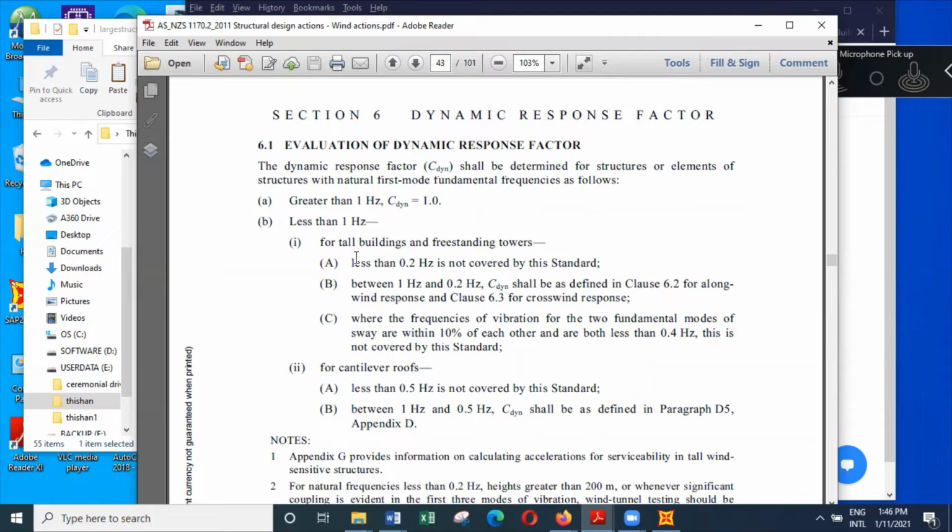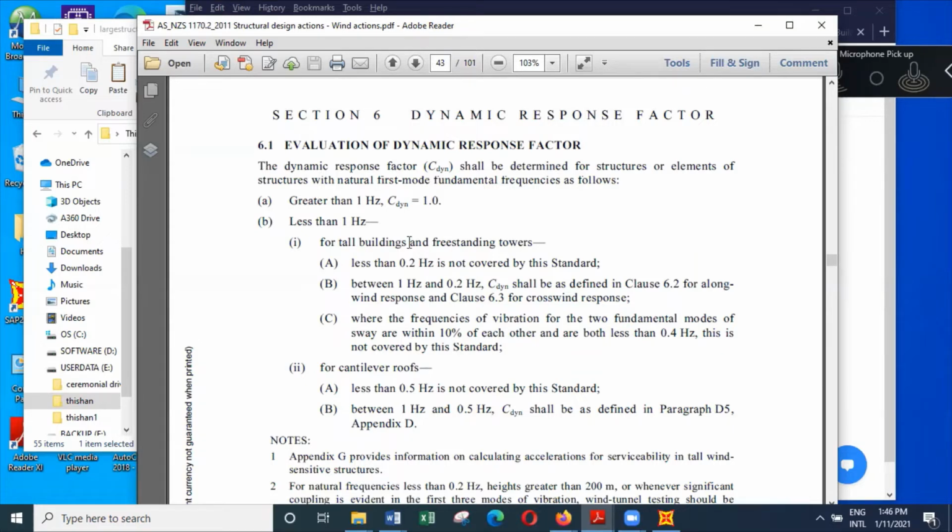When you have a 3-story building, the likely natural period of vibration will be about 0.3, which means the natural frequency will be 3.33. If you have a 5-story building, the natural period of vibration will be about 0.5 seconds, and that will end up with a natural frequency of 2, because natural frequency is the reciprocal of the natural period of vibration.